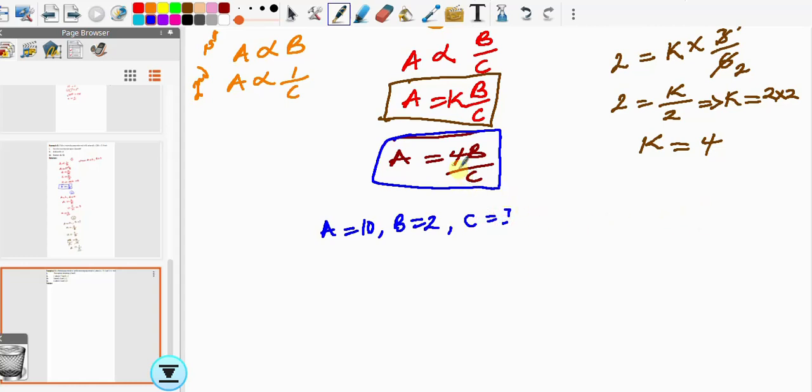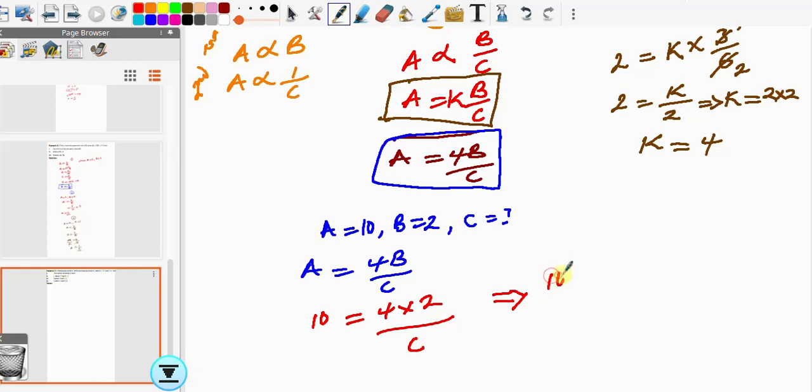All right. So this is the formula we are using now. A equal 4B over C. Right. What is the value of A? Is 10. We have 10 equal 4 multiplied by B, B is 2, over C. It will imply that 10 will be equal to 4 times 2, that's 8 over C.